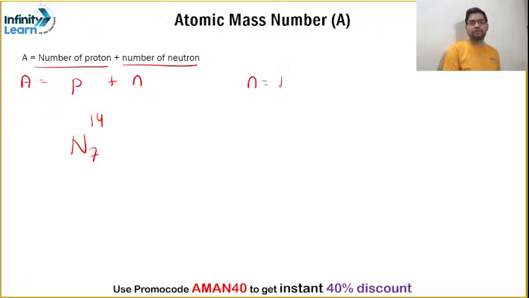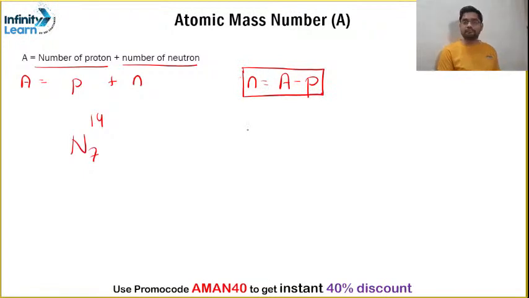So neutron will be equal to A minus P. Here proton is equal to 7, and atomic mass number is 14. So 14 minus 7 is 7 neutrons.